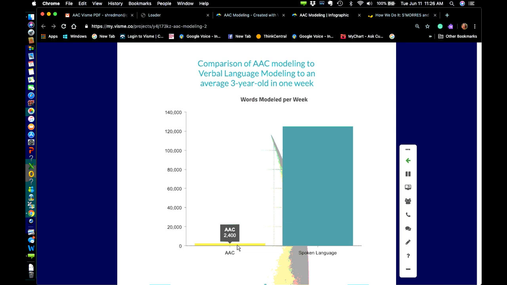Even getting to that point of 2,400 words modeled in a week, we're still well below what spoken language is modeled and how intensive and immersive that is. So we need to do better.